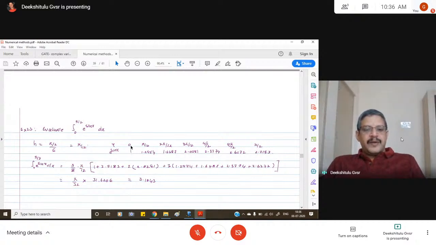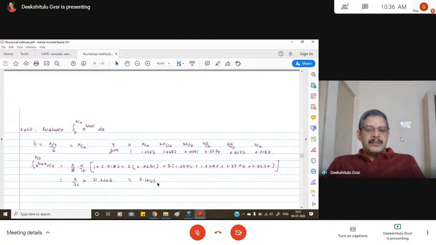Do y0 plus y6, that is 2.7183, plus 2 into y3; y6 should be there again but it is already considered as the last point, so there is no need to consider it; plus 3 into y1, y2, 1.2954 plus 1.6487, then 2.3774 plus 2.6272.